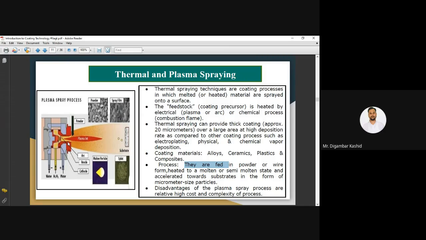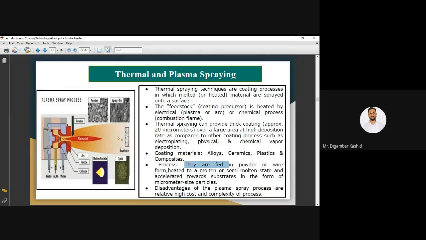That powder or wire of material is heated to a molten or semi-molten state, and then accelerated towards our substrate in the form of micrometer-size particles. Here you can see the plasma jet and small micro-size particles of the coating material.